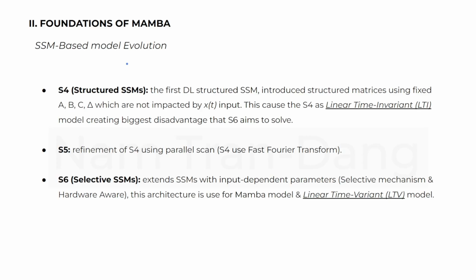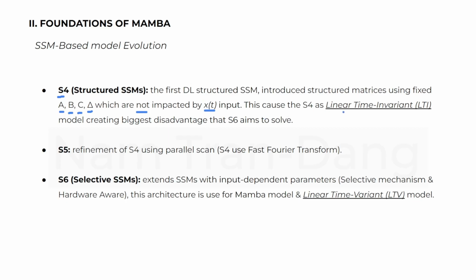Next, we're going to move to the model evolution. Before Mamba, we have many SSM-based models, and one is S4. S4 is the structured SSM, one of the first deep learning structured SSMs, and it uses fixed arguments like A, B, C, and delta, and it is not impacted by the x(t) input.